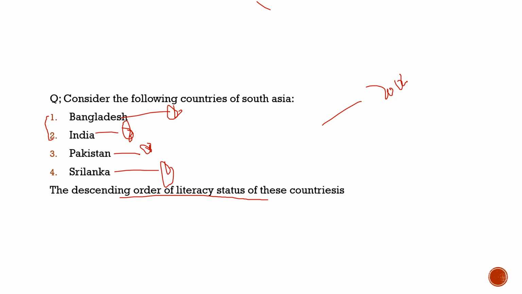So there is a little doubt with respect to that, but what is majorly accepted is, under UNESCO 2015, if we compare the literacy rate of the given countries, this is the descending order of their education. First it would be Sri Lanka, then Bangladesh, then India, and then Pakistan.